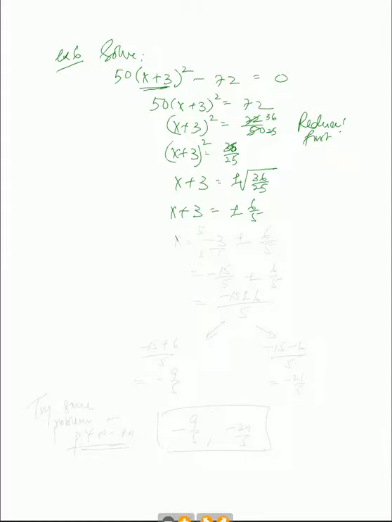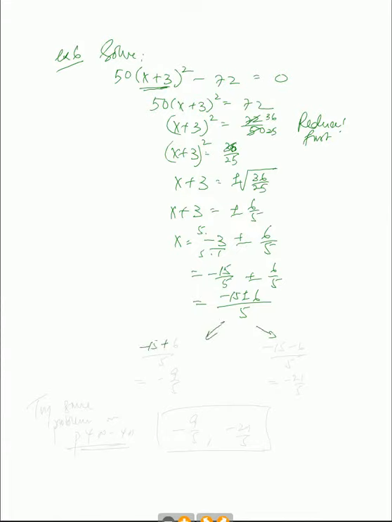So what I'm going to do next is bring the 3 over. So it's minus 3 plus or minus 6 over 5. I want a common denominator, so I'm going to multiply by 5 top and bottom, which makes this negative 15 over 5 plus or minus 6 over 5. Now both of these are rational numbers, so even if you share a common denominator, you're looking at two rational numbers which you should further combine.